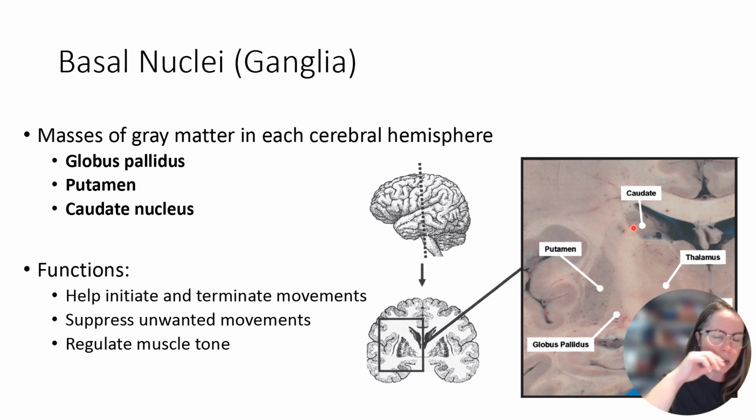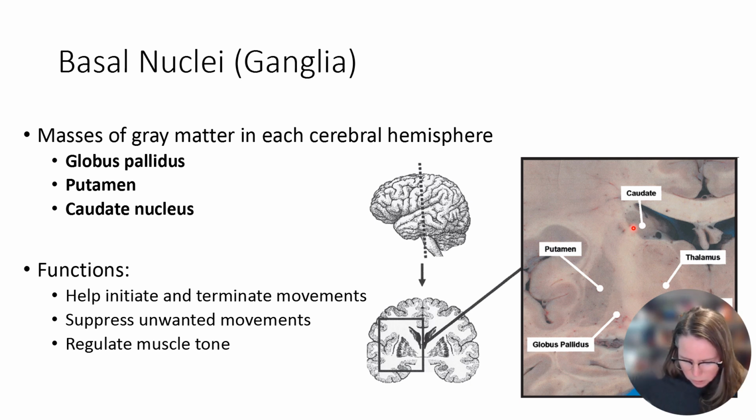The cerebellum is more of an excitatory function in terms of motor function, but your basal nuclei in general are there to say, no, don't do that. I don't need your left arm moving while your right arm is doing this. So for the most part, the entire basal nuclei are inhibitory, but the globus pallidus itself is very, very inhibitory.